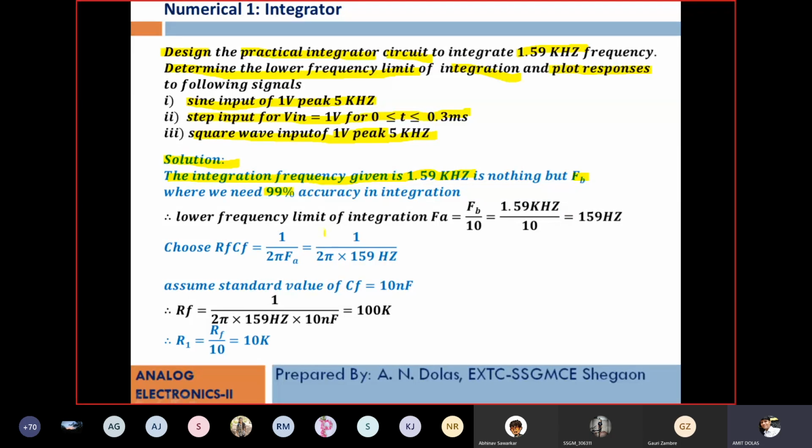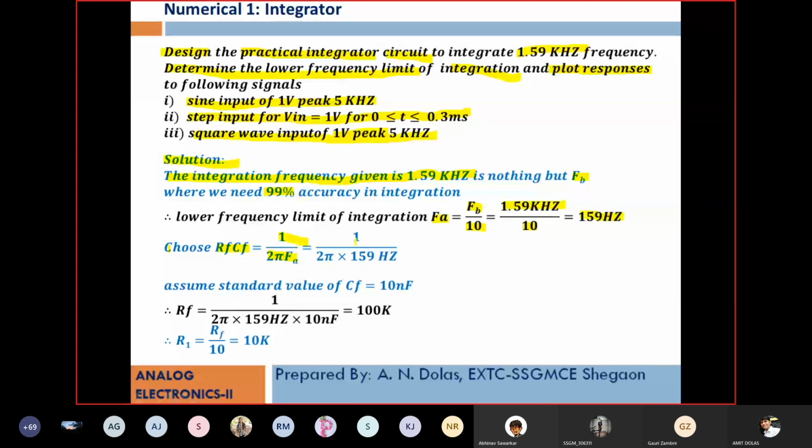So the lower limit of the frequency of integration is nothing but FA, and FA will be FB divided by 10, because I said about the relation between FA and FB, FB must be at least 10 times FA. So 1.59 kilohertz divided by 10 will be 159 hertz. Choose RF and CF so that it is 1 over twice pi FA. We used the formula FA is equal to 1 over twice pi RF CF.